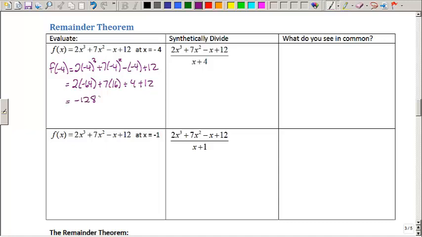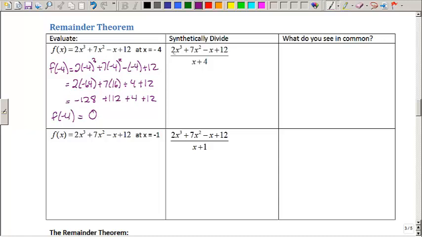And I'm getting -128 plus 112 plus 4 plus 12. And f of -4 turns out to be 0. Which doesn't seem that bad, although some of these numbers got a little large, especially if I didn't have a calculator on hand.